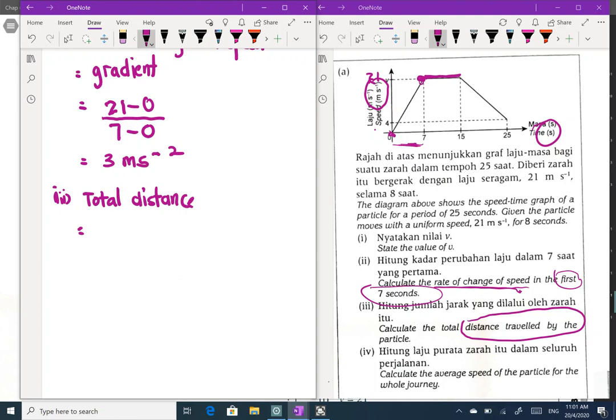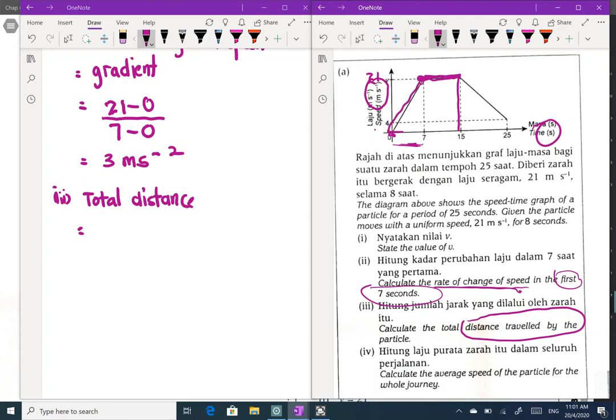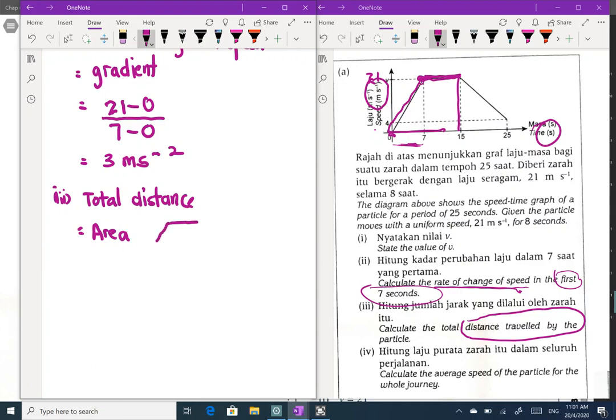So I divide it into 2. Area for this trapezium, plus the area of the trapezium for the second part.